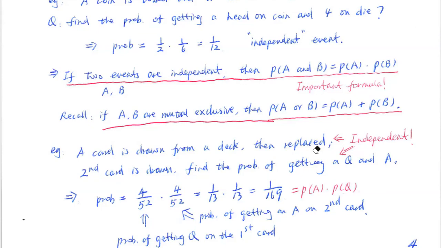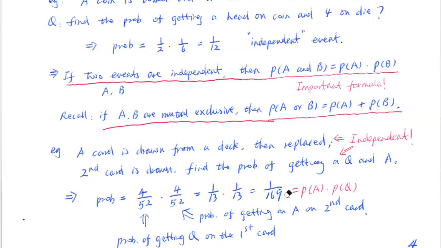Because the key part here is, after you draw the first card, you put that back or you replace that. That's the very, very important part. You still got the full deck. Is that clear? So in that case, we can simply multiply that probability to get the answer. Now, that's what we just learned using the multiplication rule.